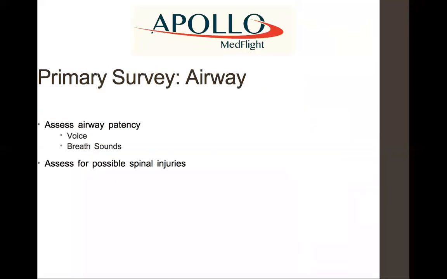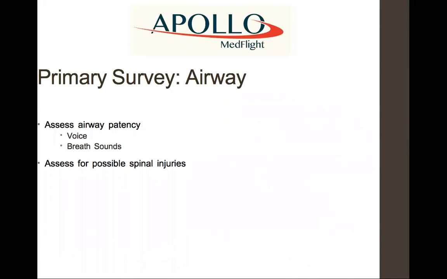So first part of our primary is airway. Airway is on the top of the list, starts with an A for a reason, because without a patent airway, our patient's going to die within a few minutes as opposed to several minutes to hours. So we're going to assess our patient's airway patency from across the room.